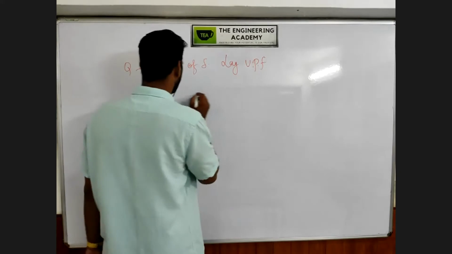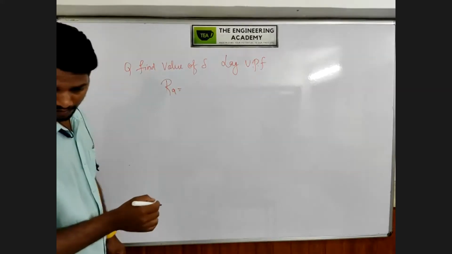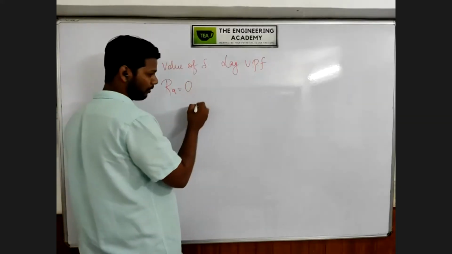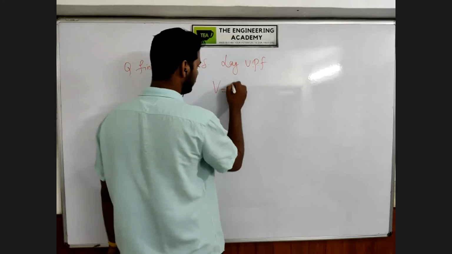Some givens in the question are: Ra, the resistance of the stator, is 0, and voltage V is equal to 1.